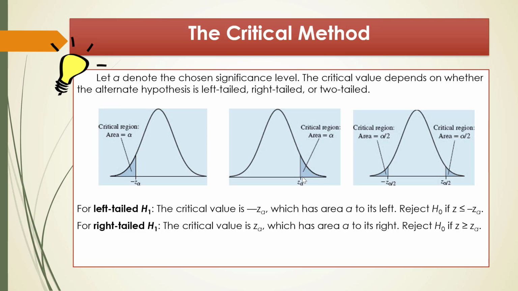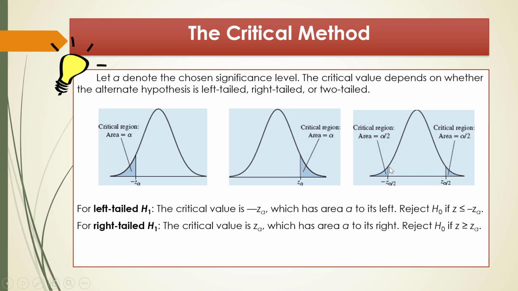For two-tailed, we have the left tail and the right tail, and we want the total area to be alpha. Because the normal distribution curve is symmetric, the area of each tail is alpha over 2. So we have two critical values. The left critical value is minus z alpha half, and the positive critical value is z alpha half.